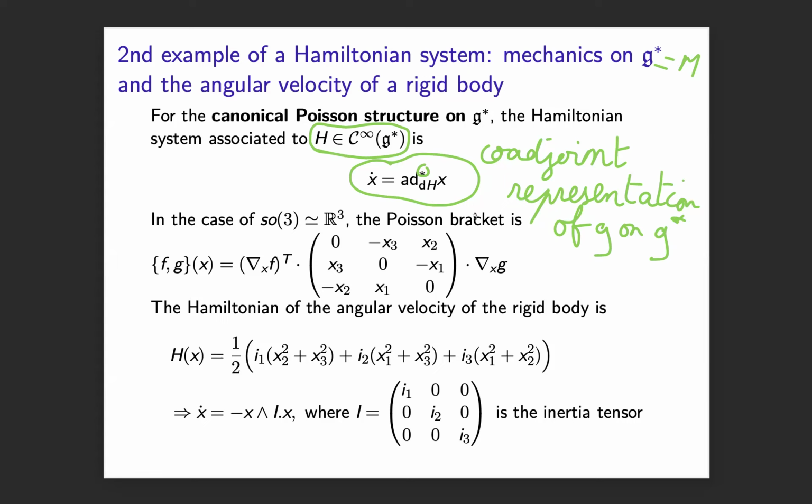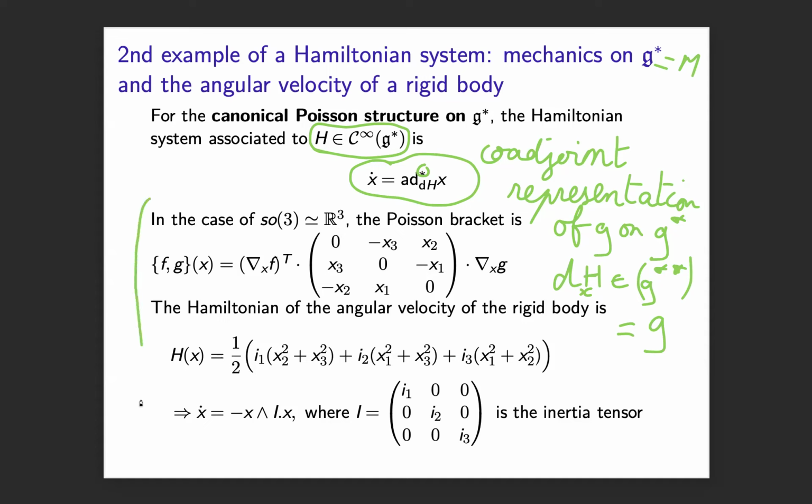And here again, remember that H is a function on G star, so dH at a point x is in the dual of G star. So this is G star star. The G star star is G again. So this is well defined.